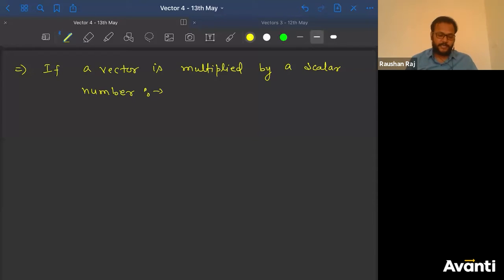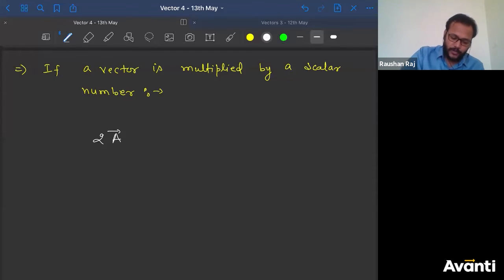That means if I multiply 2 to vector a, that means 2 vector a, what will happen? What conclusion can we make if I multiply a vector by a number? I'll give you a very small, simple example to understand that.